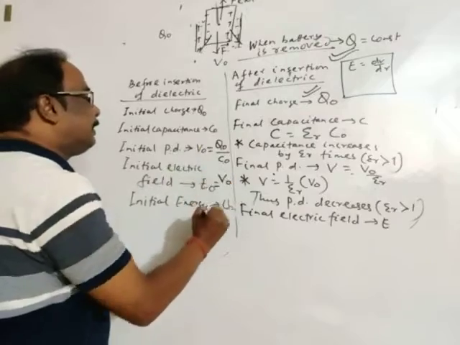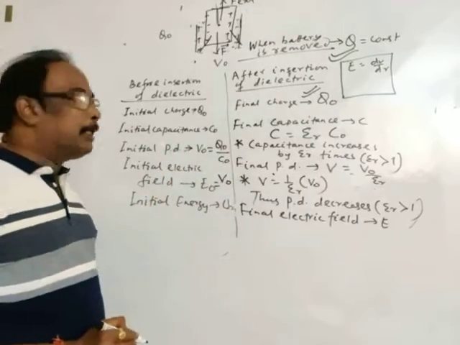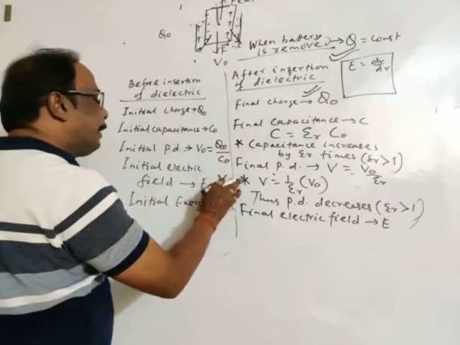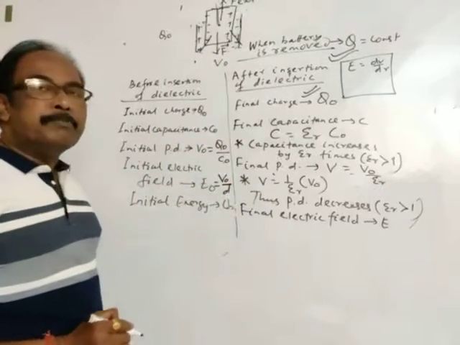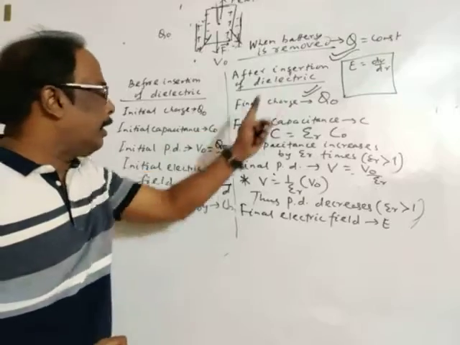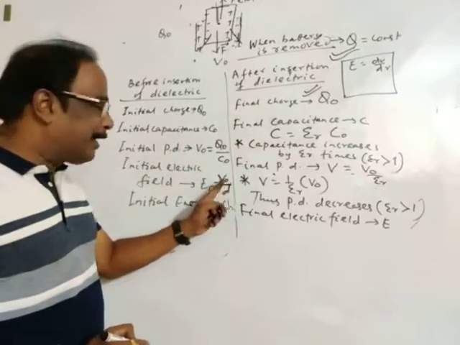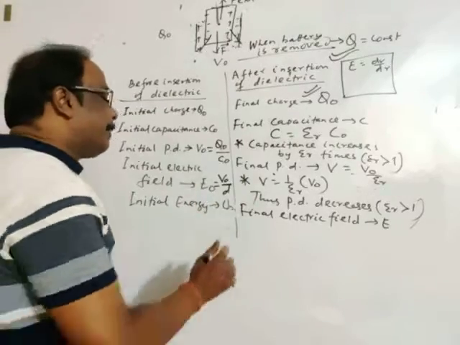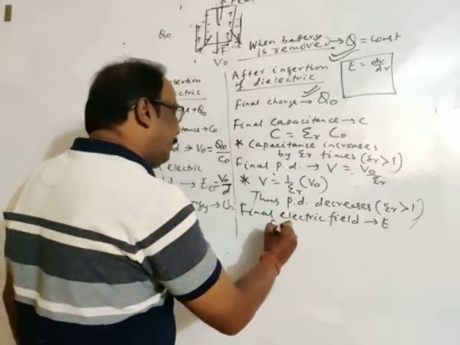The initial potential difference is V naught and the distance between the plates is d. So the initial electric field is V naught divided by d. Now the final electric field E.